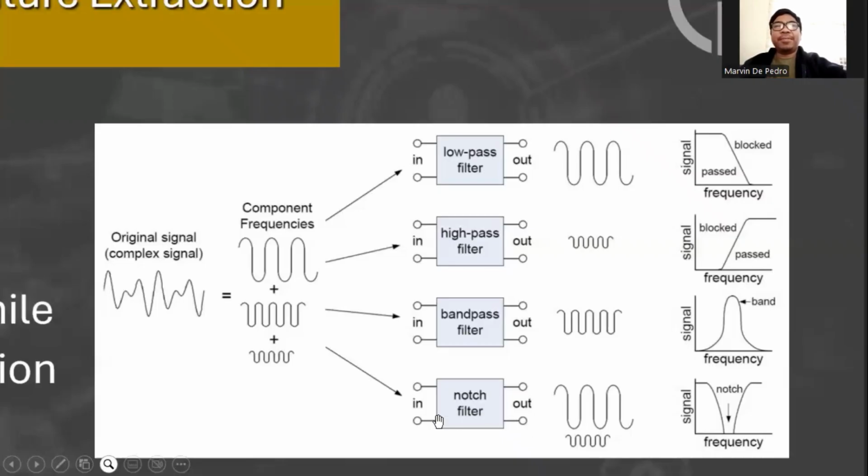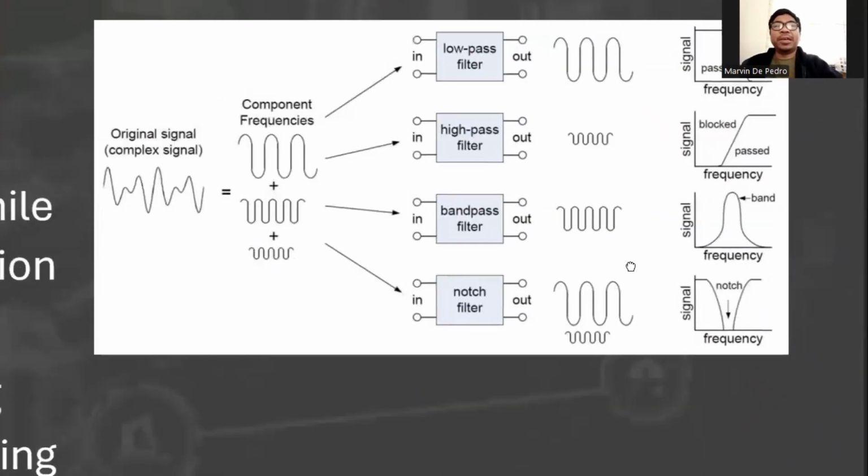And we have the band stop or notch filter, the opposite of the bandpass. Here we allow the lower ones and the higher ones, but not the middle ones. They are blocked. So this is the most basic essence of filters: high pass, low pass, band pass, and notch.